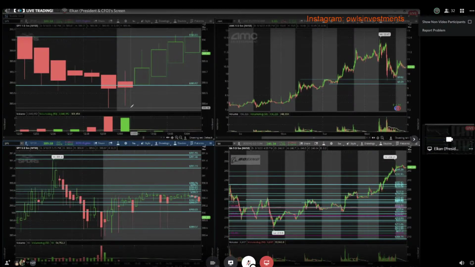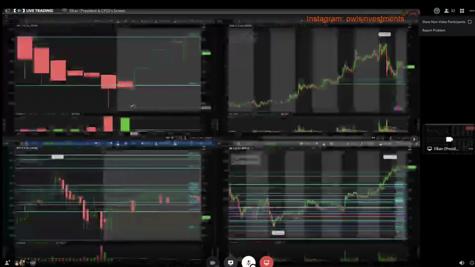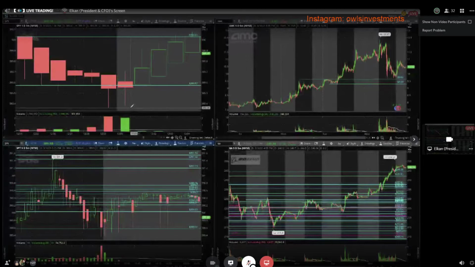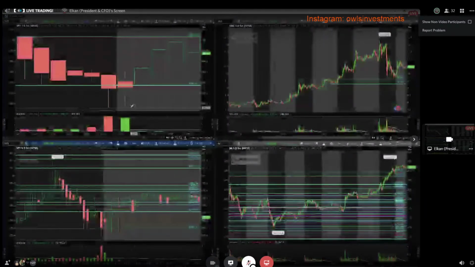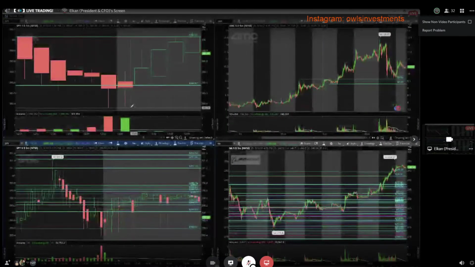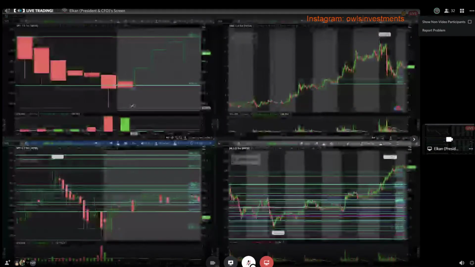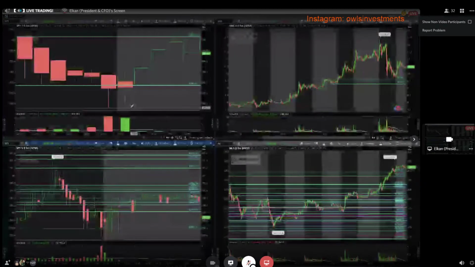So if the 1 minute starts not looking as good, but I still think the 5 minute looks good, then you go, okay, let's wait and see if in fact the 5 minute chart is going to correct the 1 minute, or if the 1 minute is making a false reversal and is going to fix itself. So that's why I like to compare them both.